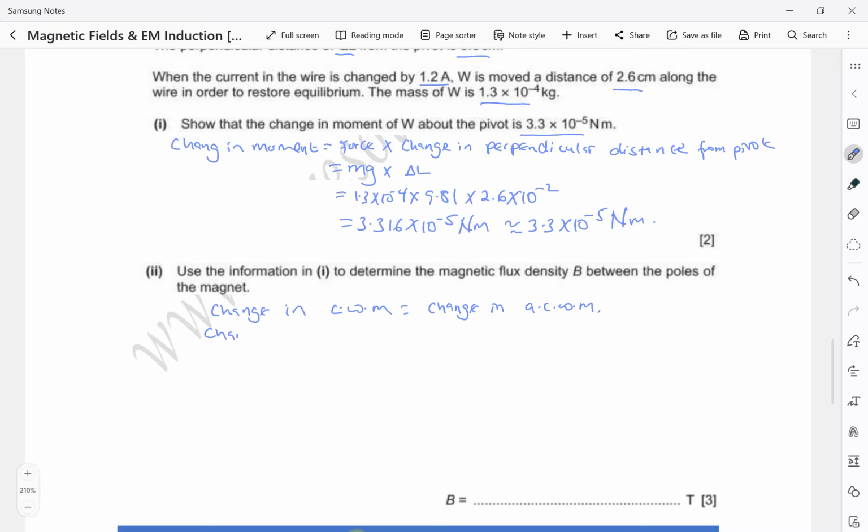So the change in anti-clockwise moment is equal to the magnetic force, not change in magnetic force, times the perpendicular distance from the pivot.